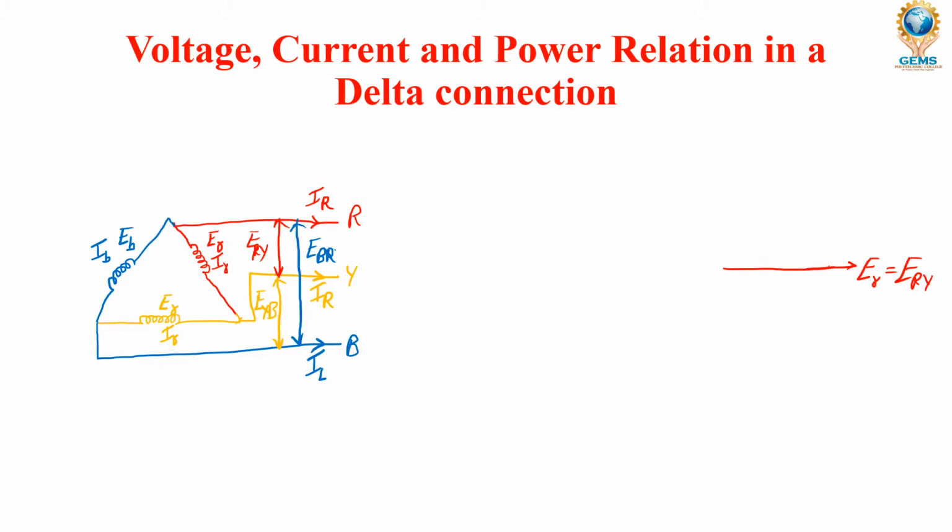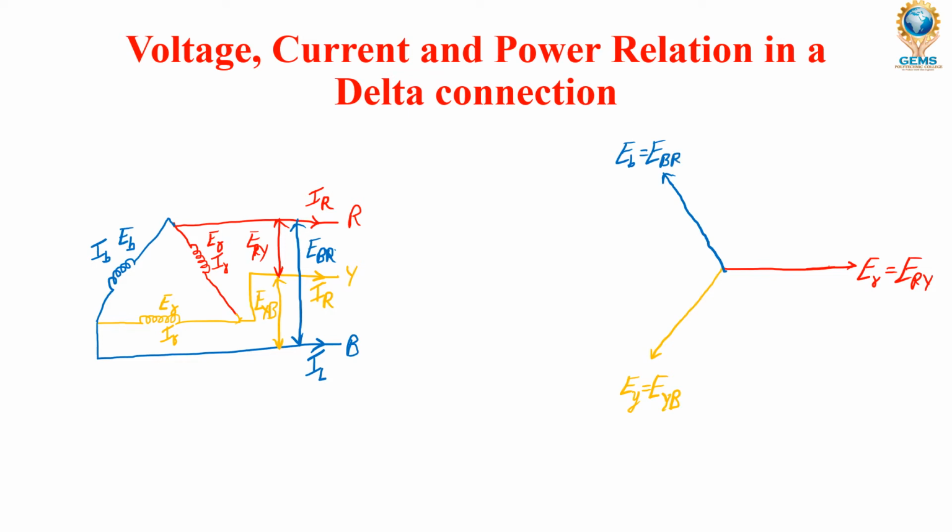Next one is Y phase, that is EY. Phase and line voltage are the same, so EYB. Next B phase, this is the B, EB, that is equal to EBR.